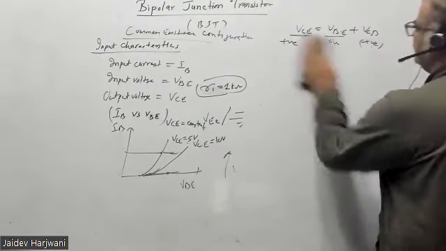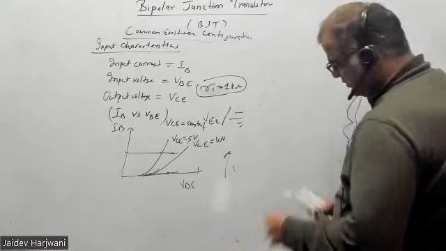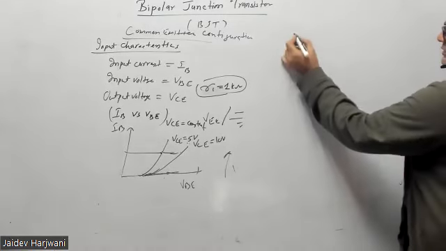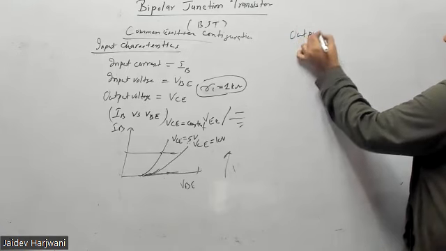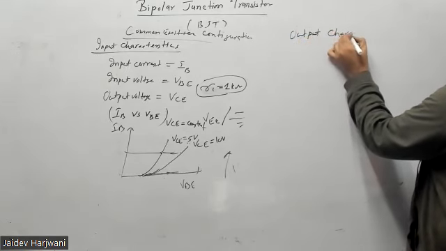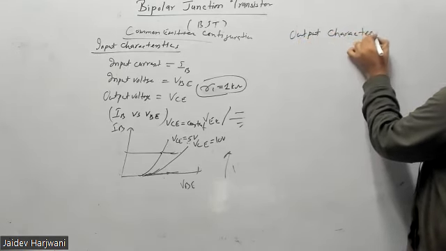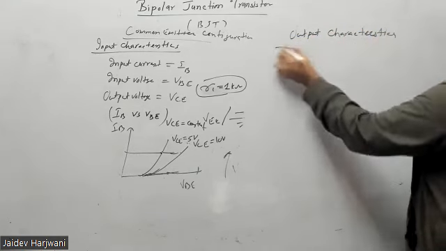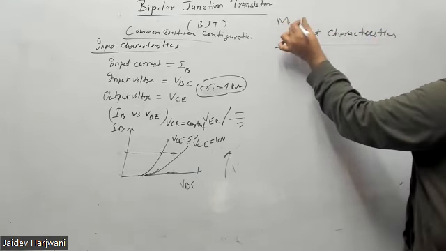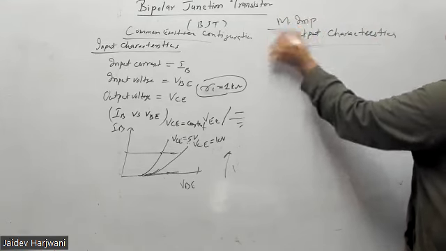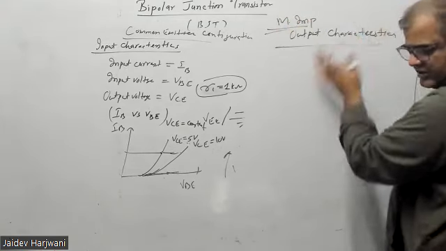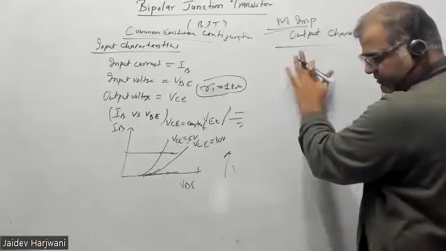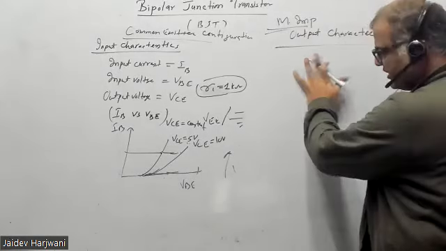Now, for example, if I want to draw the output characteristics, which is the most important characteristic for our transistor, every problem will be done by this curve.